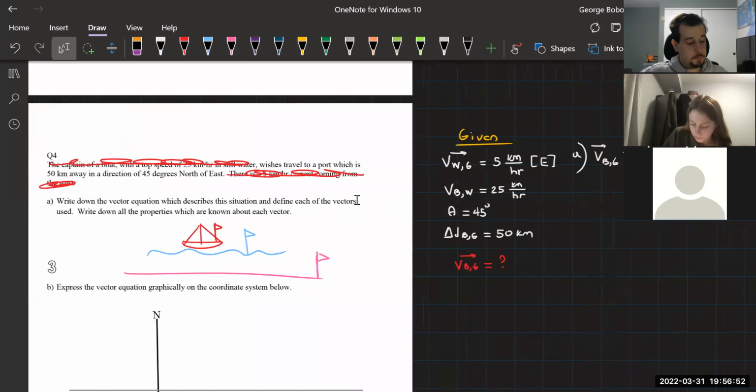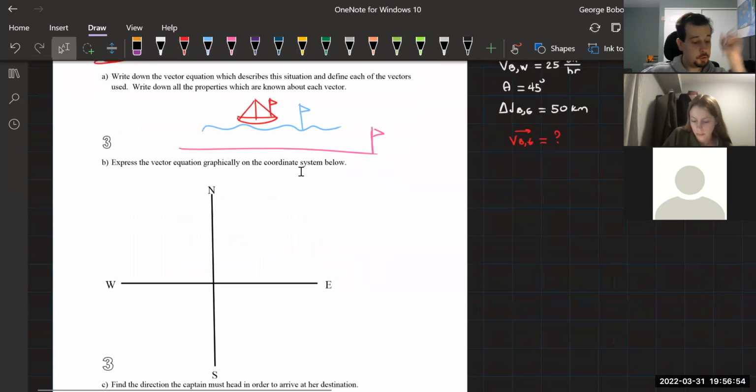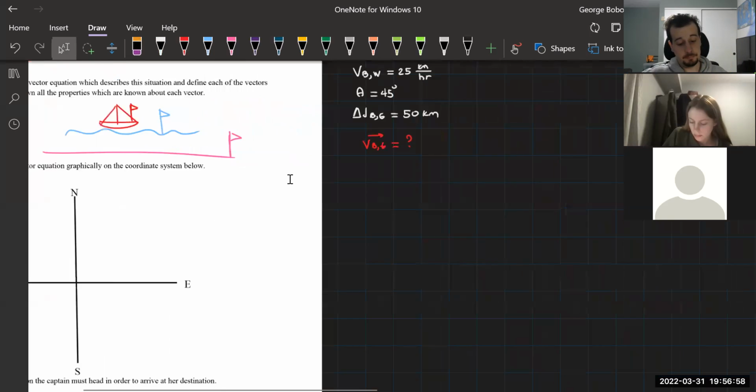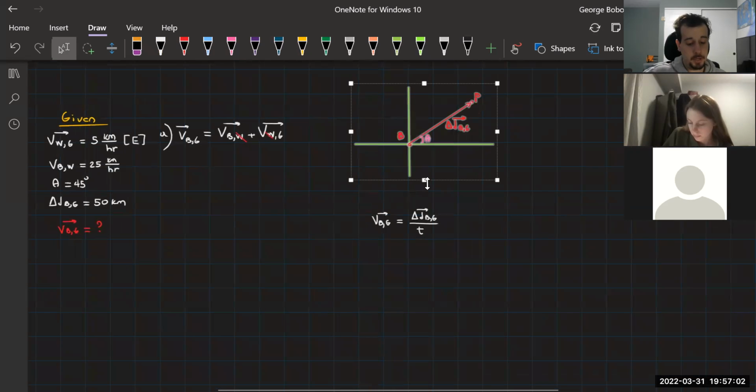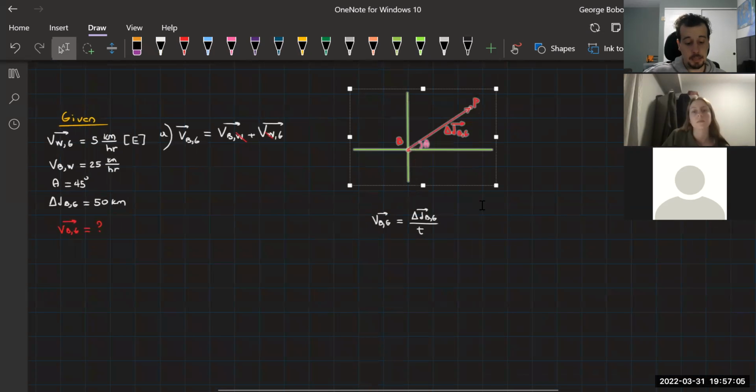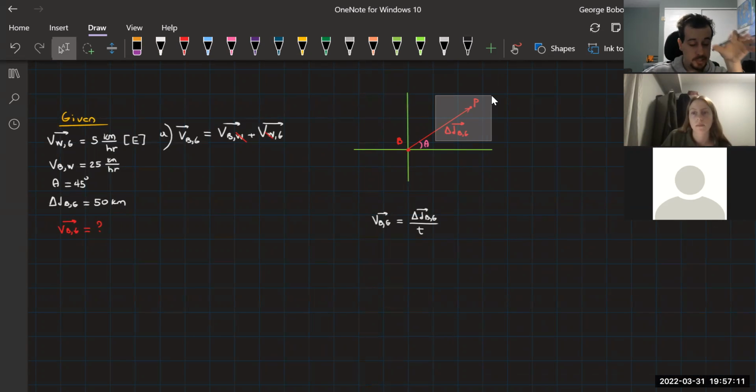Okay, what about B? Express the vector equation graphically on the coordinate system below. Now, I've only put the displacement here, but I told you this is going to be the direction of the actual velocity with respect to the ground.